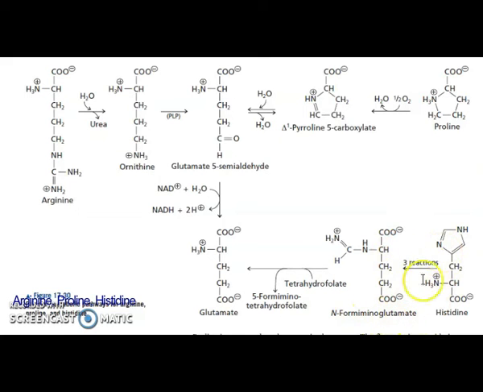These are the three reactions: non-oxidative deamination, hydration, and ring opening to form this compound. The formimino moiety, or this group, is then transferred to tetrahydrofolate, forming 5-formimino tetrahydrofolate and glutamate.